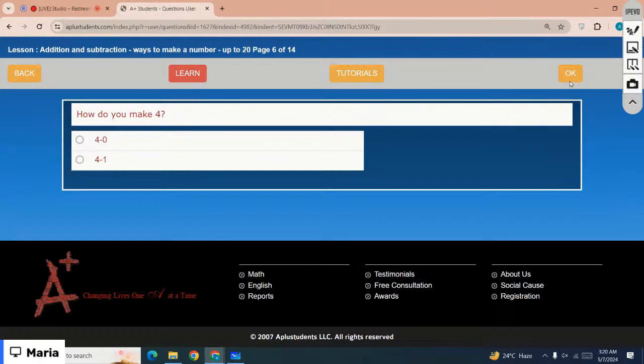The next one is how do you make 4? Which is the correct option? Which option makes 4?